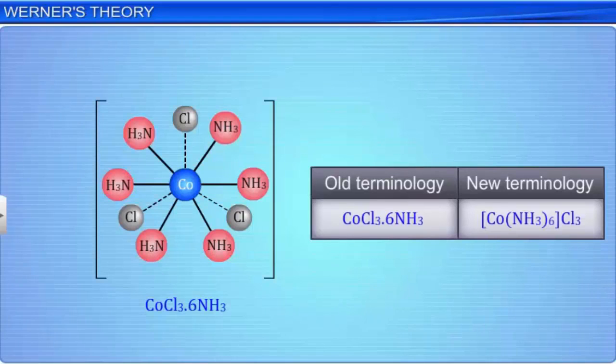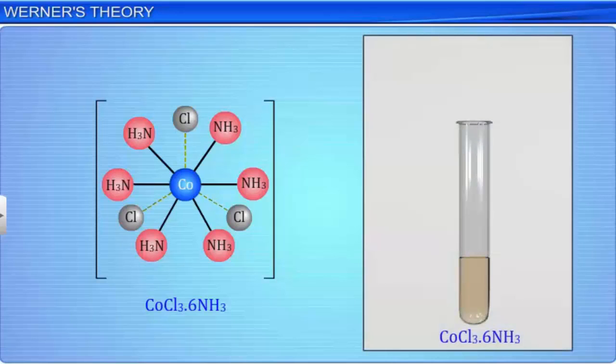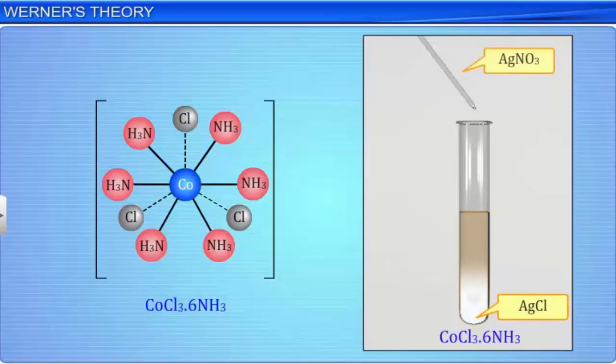In modern terms, the complex is written as [Co(NH3)6]Cl3. The 3 chloride ions are ionic and hence are precipitated as silver chloride by silver nitrate.